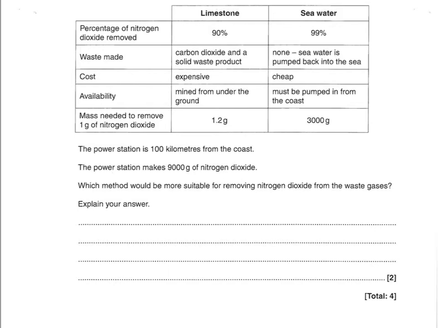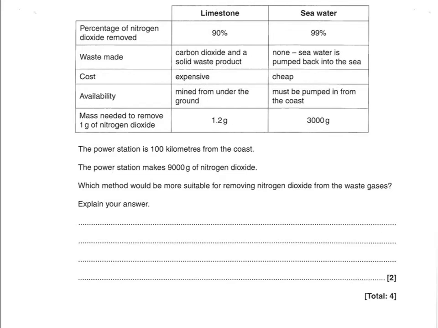So you can choose either one as long as you have 2 reasons to back it up. So if you said seawater, your 2 reasons could be that it removes more of the pollutant, or you could say it does not form a waste product, or you could say it's cheaper, or you could say it's readily available because it's near the coast. And if you said limestone, you could say because it does not have to be pumped away from the sea, or you could say you need less mass of material.